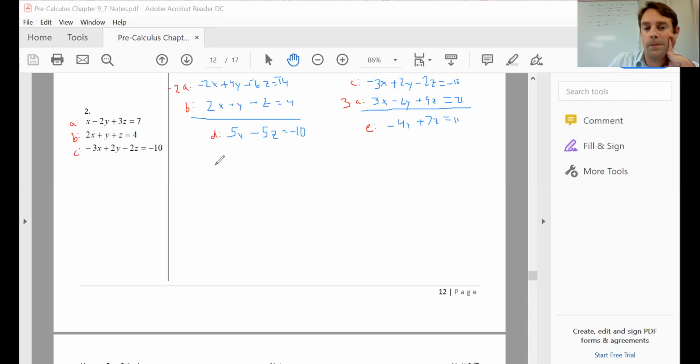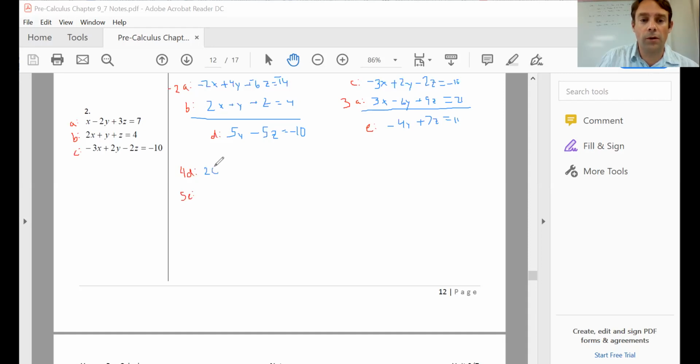All right. Now we're going to figure out what can we multiply by E and D to make this work. What if I multiply D by 4 and E by 5? Honestly, one of the things we could have done is we could have divided that whole D equation by 5 and get it lower before we did all this, but that's okay.